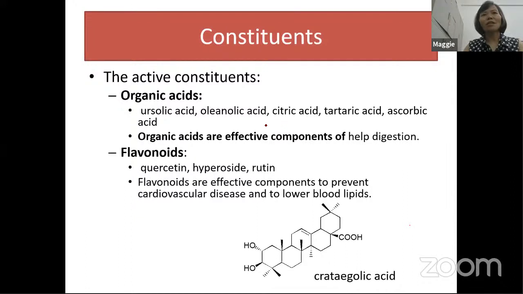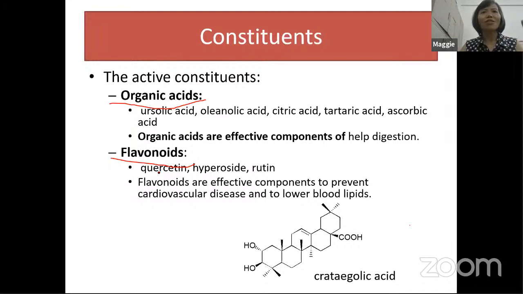So, constituents. Chemical analysis indicates that hawthorn contains 2 kinds of active constituents: organic acids and flavonoids. Organic acids such as chlorogenic acid, oleanolic acid, citric acid, tartaric acid, and ascorbic acid. These organic acids are effective components that help digestion.